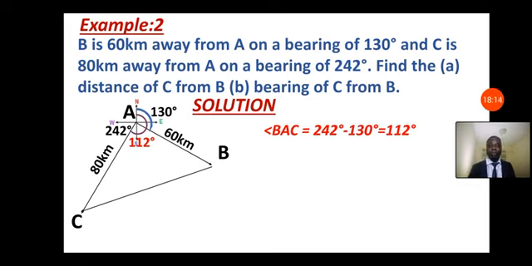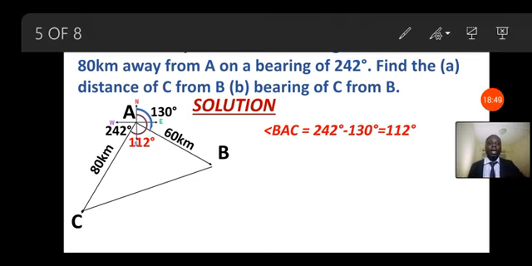In our previous classes, we learned that one of the major conditions for using the cosine rule is that you have two given sides and an included angle. And this is the condition we have right here. So we have 112 degrees as the included angle, then 60 kilometers and 80 kilometers as the sides. Then we can go ahead to solve our question.